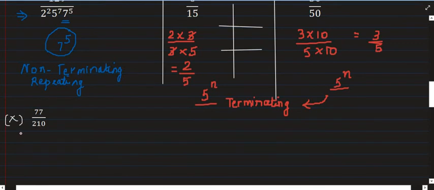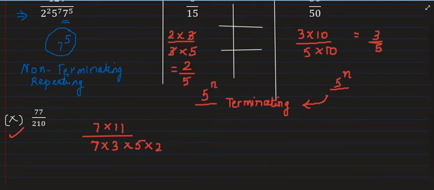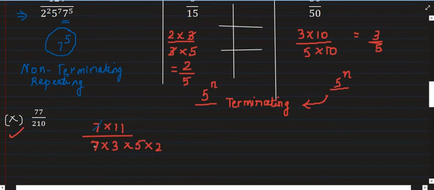Now in the next one, this is 77 by 210. Let's first simplify this. We can write 77 as 7 times 11, and 210 as 7 times 3, which is 21, times 5 times 2. So here 7 will be cancelled out.